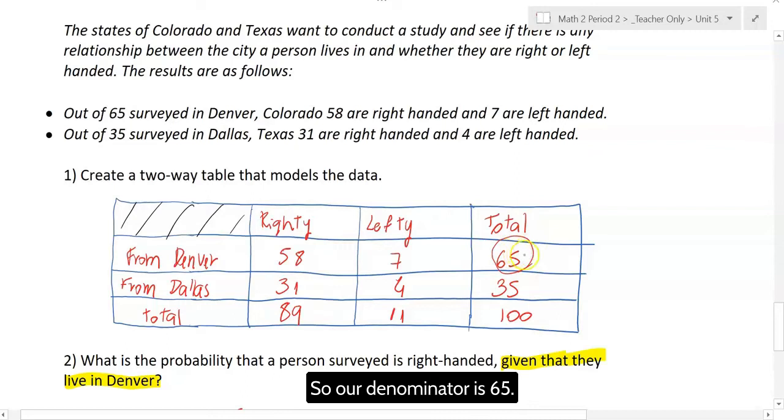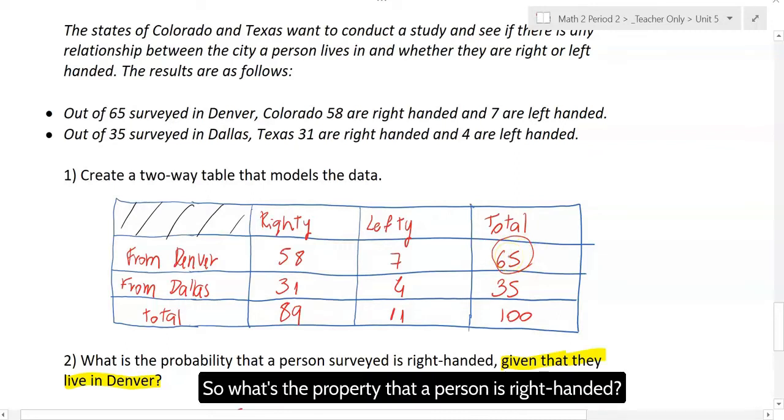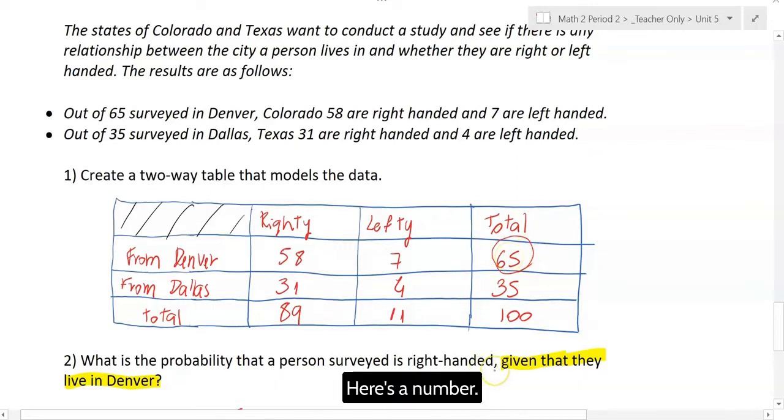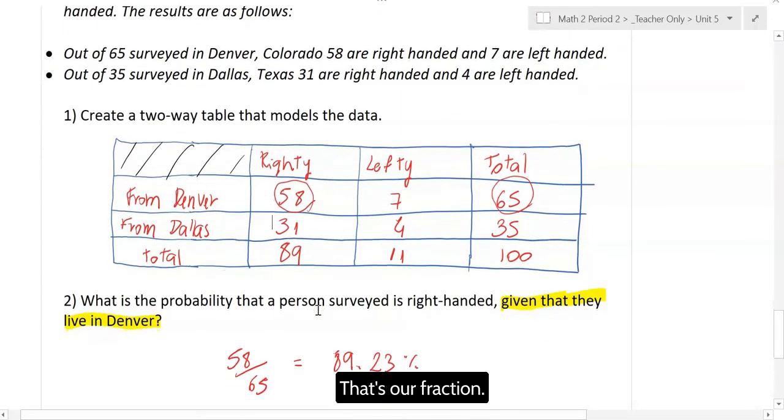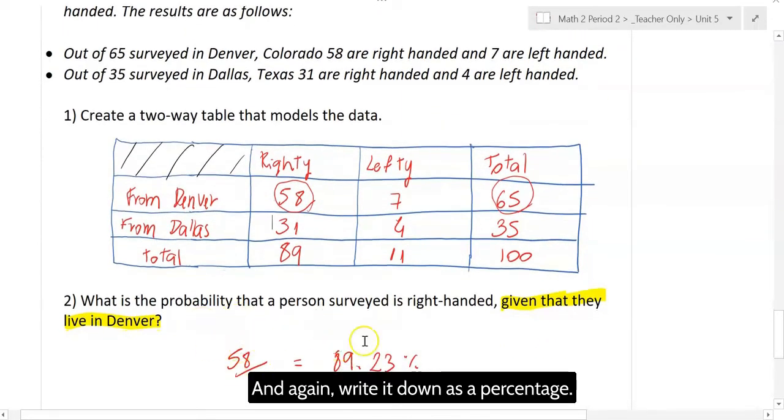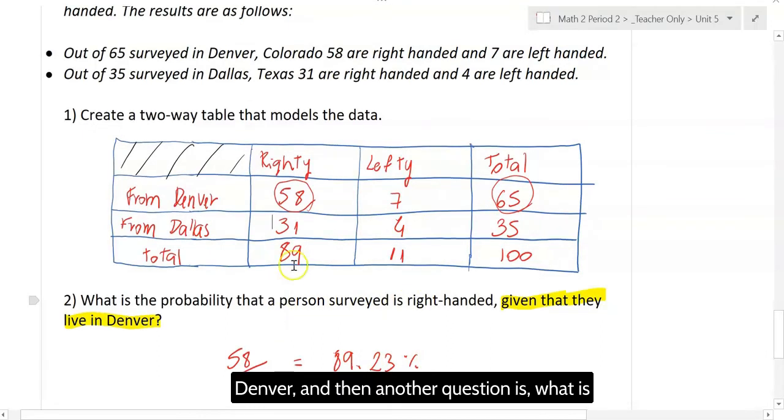So our denominator is 65. So what's the probability that a person is right-handed? Here from Denver, we have 58 people out of 65. That's our fraction. And again, write it down as a percentage so it will be easy for us to compare. So you have 89.23% of the people in Denver.